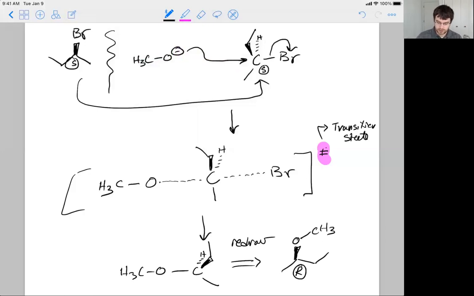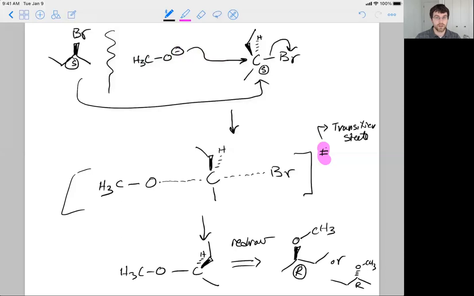Or in other words, we could have taken the original orientation of the molecule and connected the OCH3 in the same spot that the bromine was at, just replacing the bromine with the OCH3, and having the connectivity and orientation the same, except we're flipping the wedge to the dash at the stereocenter.